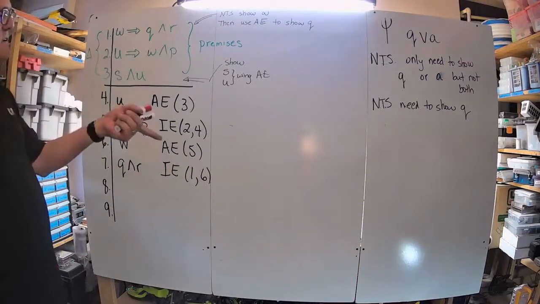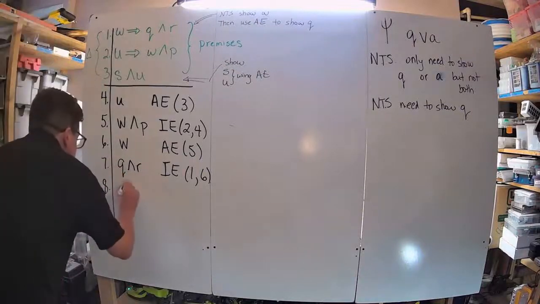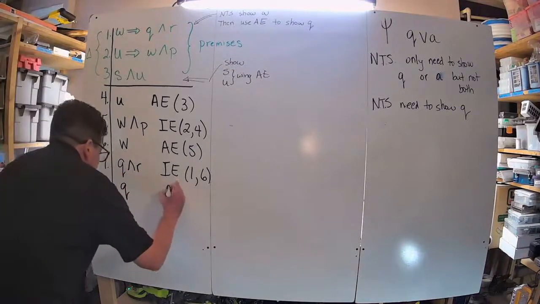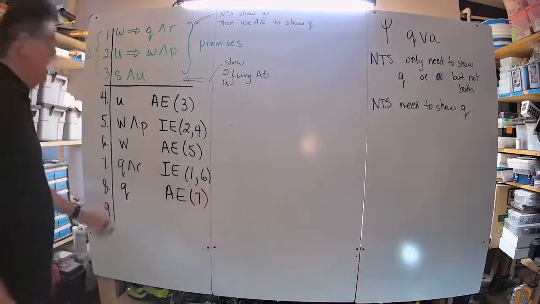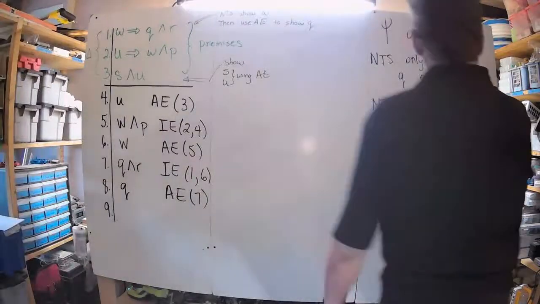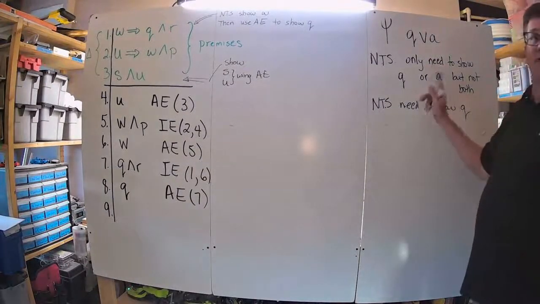So can I show Q? Oh, yes, because this is very easy. Here, this is Q because of and elimination from step 7. So now I have Q. And remember, I just needed to show Q because now I can use or introduction.